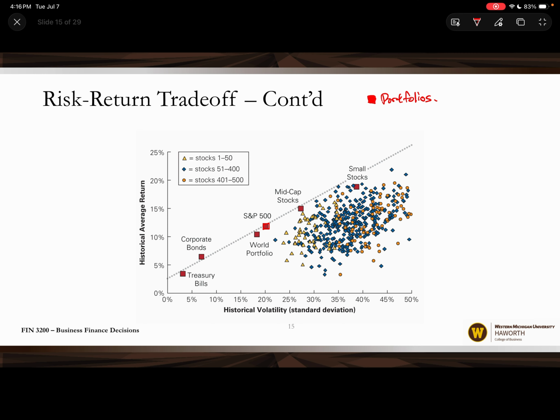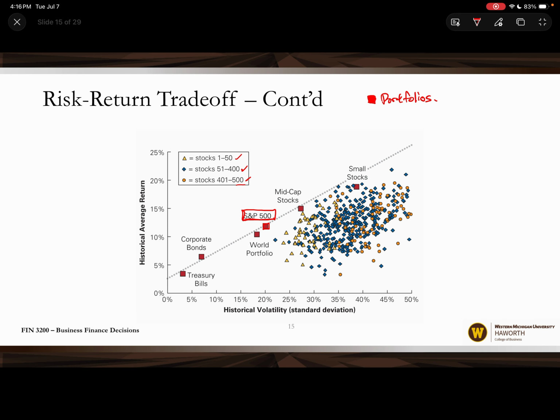And as you can see, there are 500 stocks here. These little triangles, circles, and what do you call this? Diamonds, rhombus. I don't know what it is, but you know there are 500 stocks. So I assume that these are individual stocks that are in this S&P 500 index.